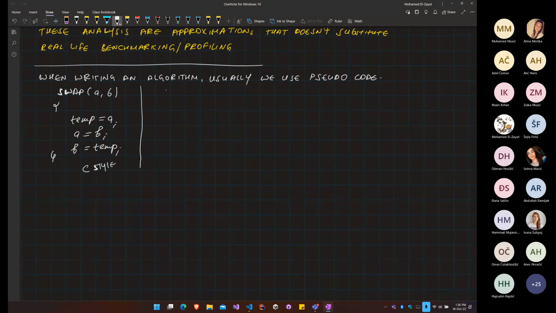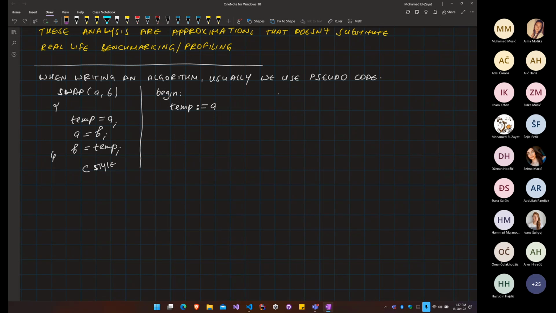The Pascal style, which you can find a little bit in the older books, is begin, and then you have a colon, and then temp, colon equals A. And this means assignment in Pascal, actually. When you assign something to something, it's not equality, because equality would be something like this, okay?